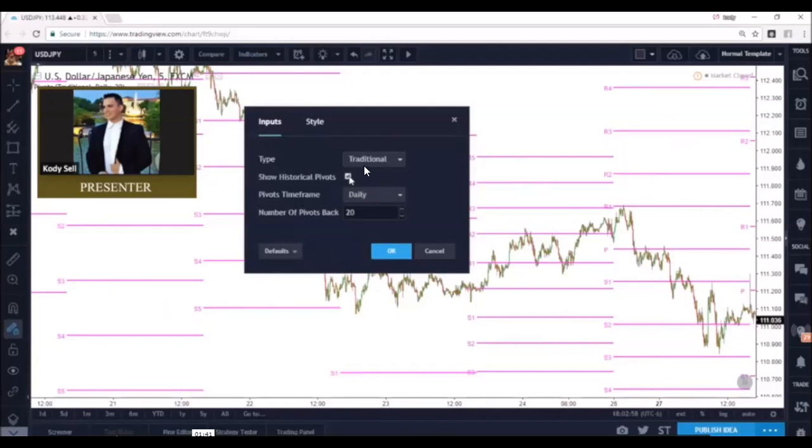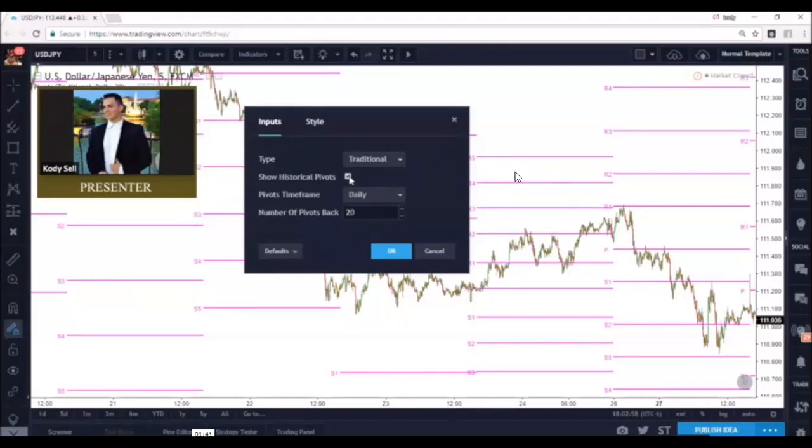It's very important that the type is traditional, and make sure it shows historical pivots. For the number of pivots back, since we have it set on daily, you can put 7, which will take you 7 days' worth of pivots back. You can also go to style and change the colors if you want.